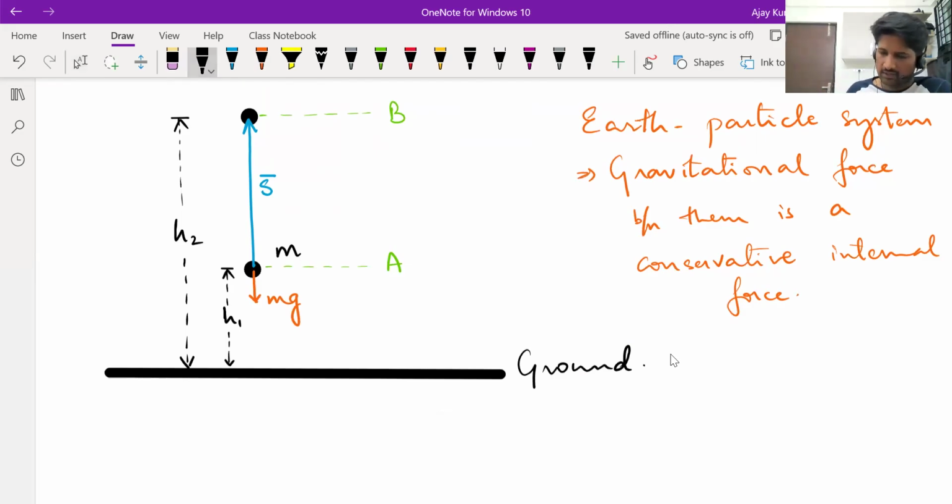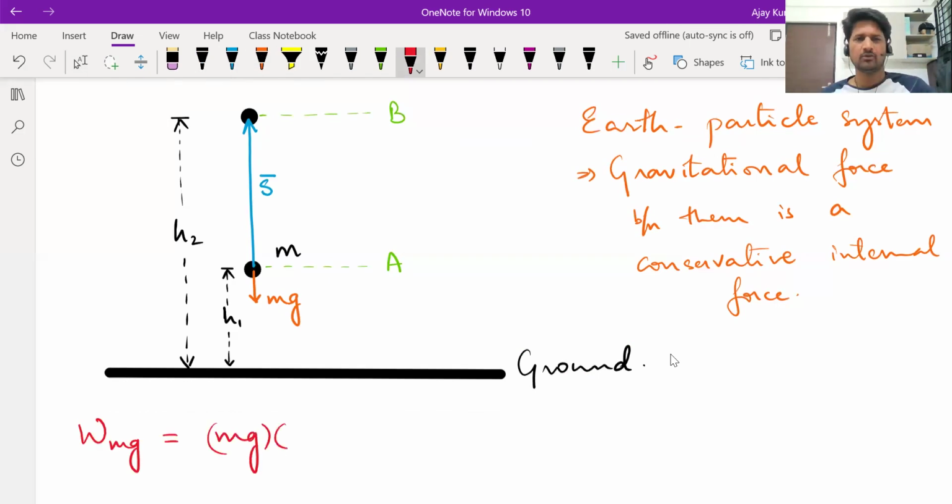So work done by mg, that is gravitational force, in this process, the force is mg. Can any of you tell me the magnitude of that displacement? h2 minus h1. h2 minus h1, correct.